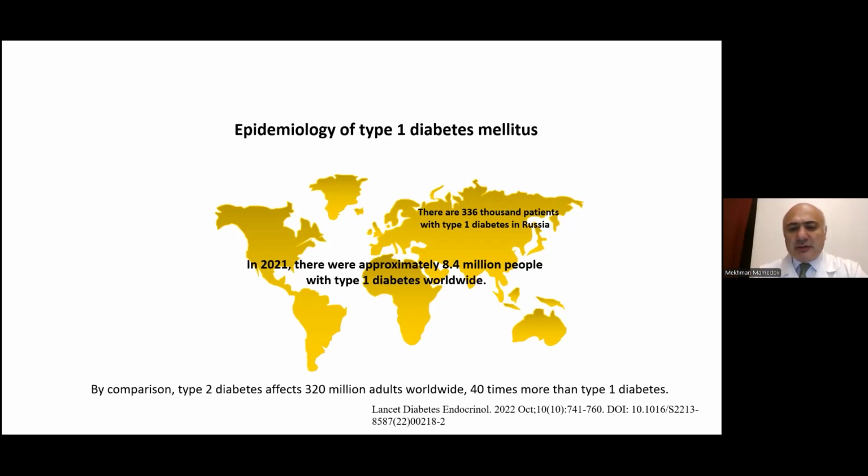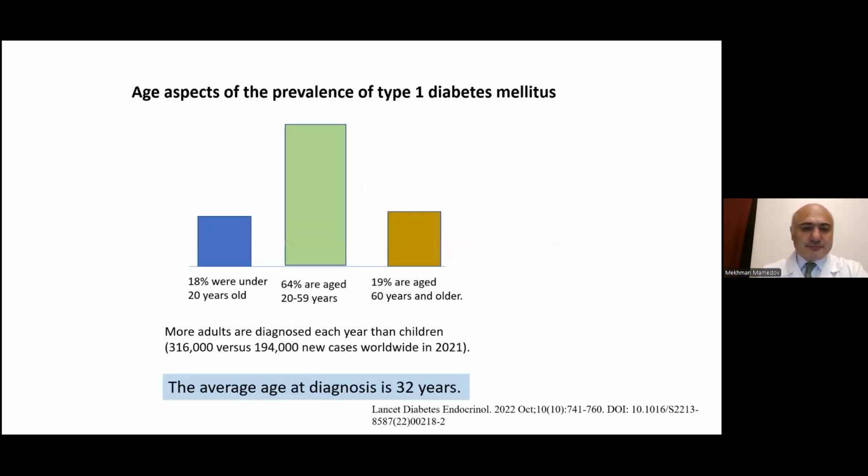There are about 350,000 patients with type 1 diabetes in Russia. By comparison, type 2 diabetes affects 320 million adults worldwide. It's 40 times more than type 1 diabetes.